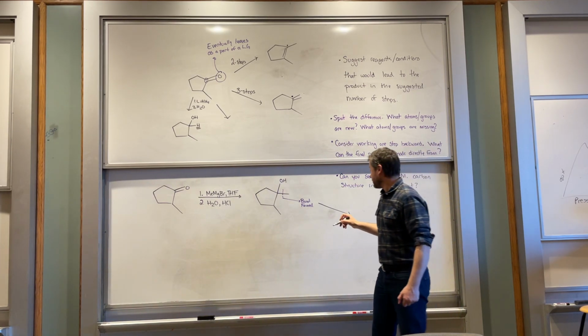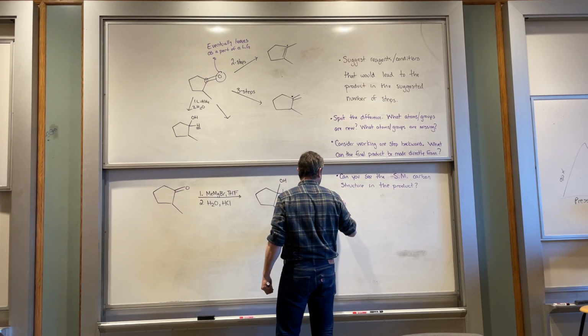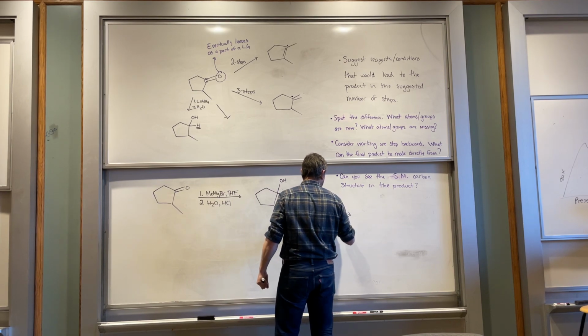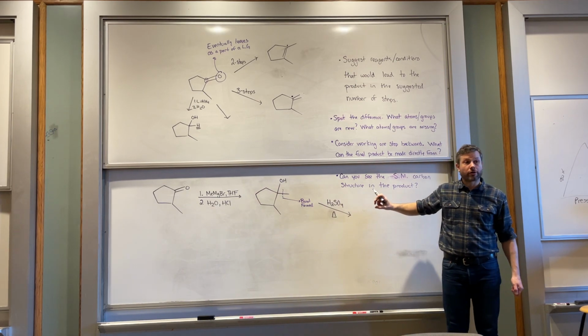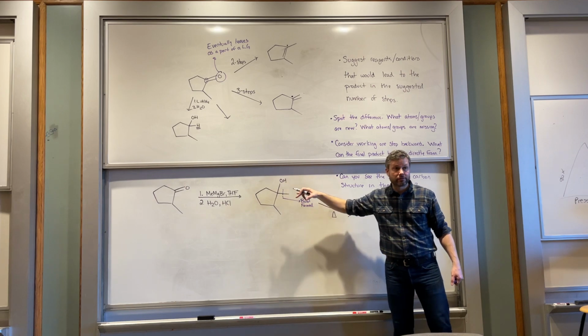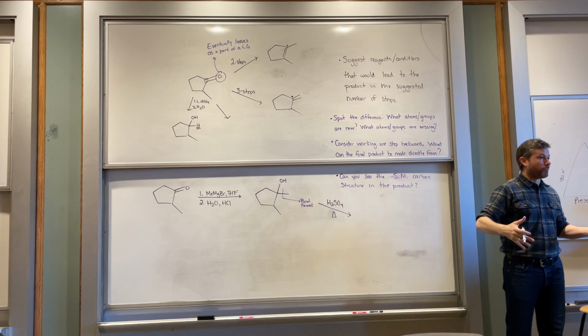We're losing water. And for dehydration reactions and elimination, we're just adding an acid, H2SO4, and then we're going to heat this up, right? We don't want to add water because water is going to be a nucleophile, right?